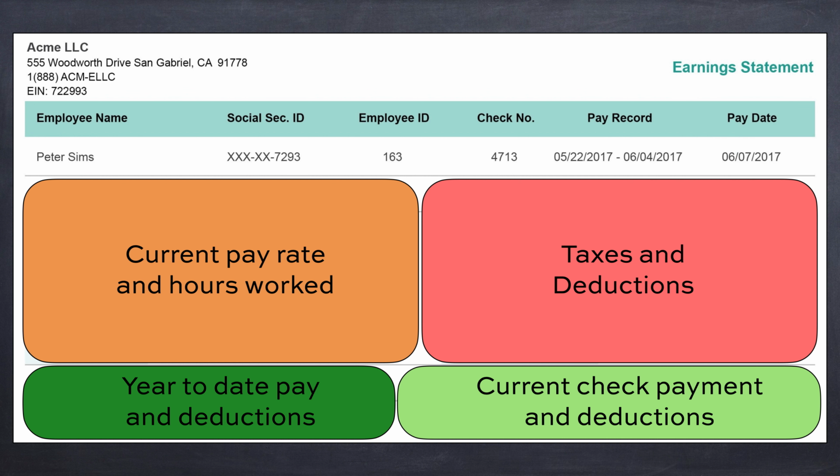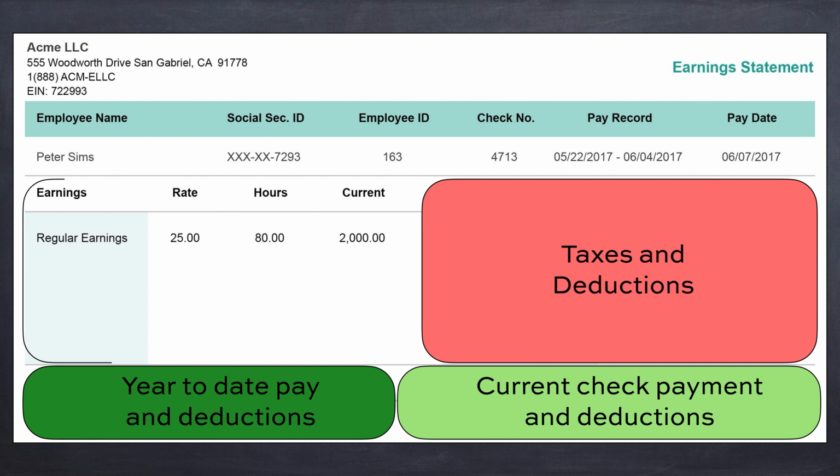Now let's take a look at current pay rate and hours worked. This is where it breaks it down. Your hourly pay is right there. So he's paid $25 per hour. And then the hours worked is in the next column. It says hours 80, so that means he worked 80 hours this week.